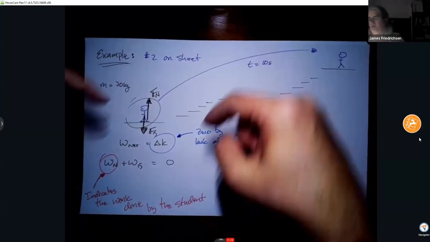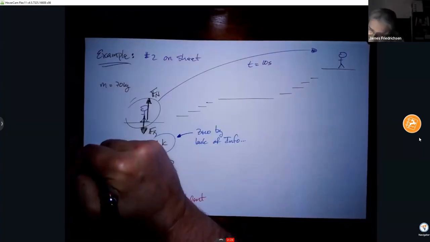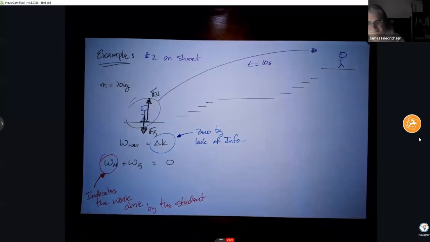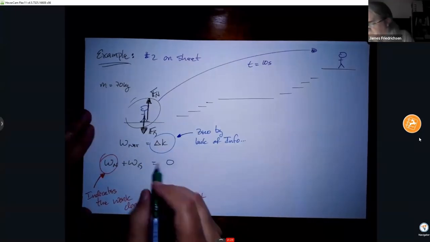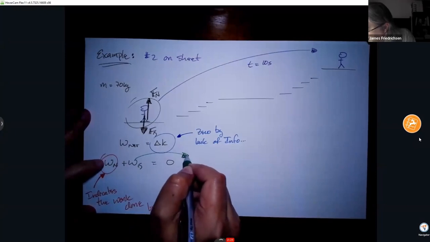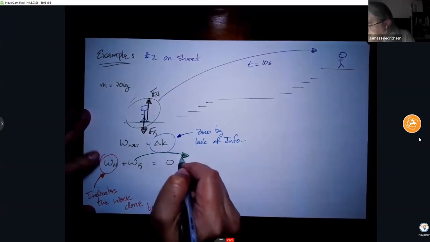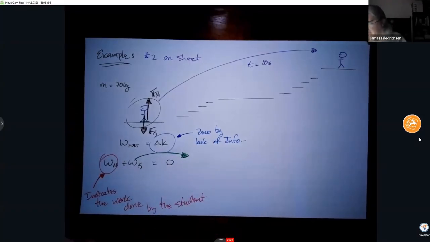Because in order for the floor to push up for them to go up, they have to push down. If they don't push down, they don't go up. Like I said, unless it's an escalator. And so this is the work we want to use in determining the average power output of the student. This is the amount of work that we want to calculate.